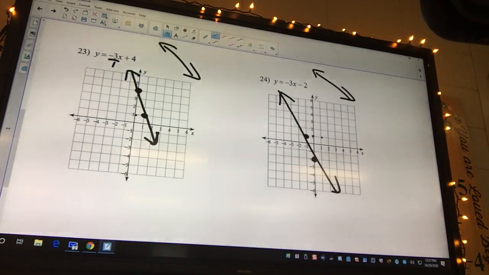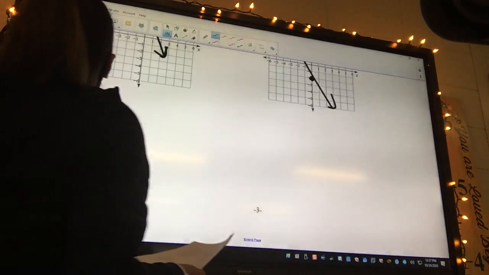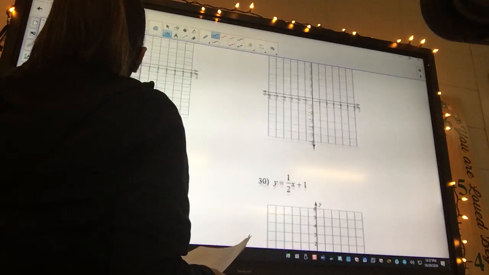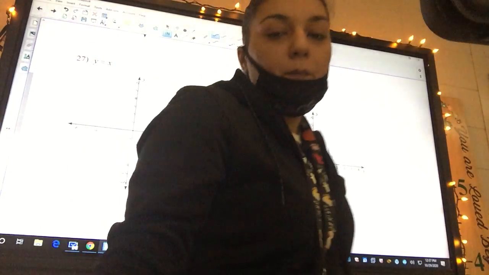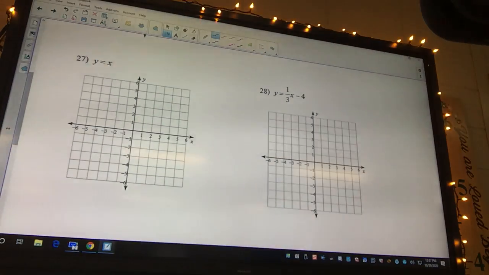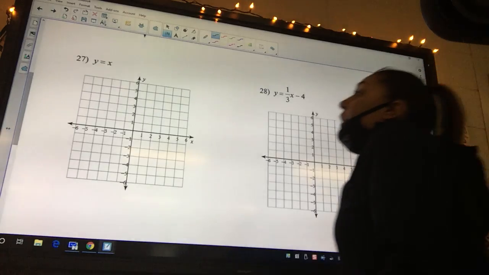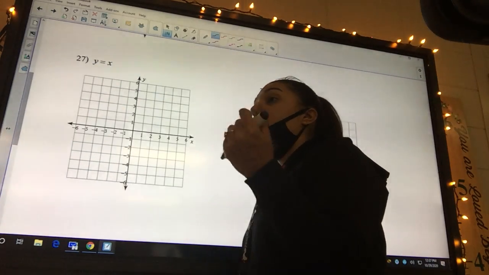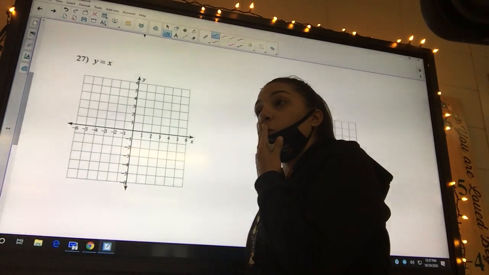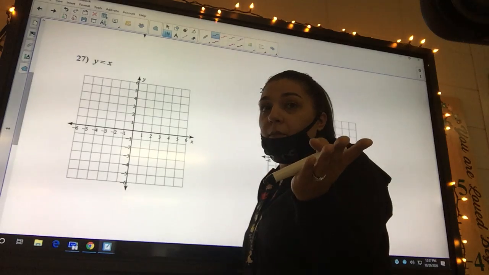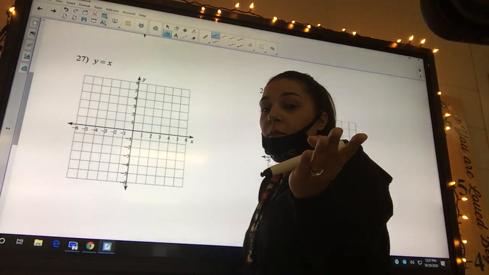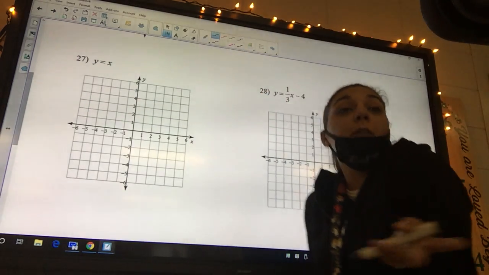What would we do for 27? So 27 is the one we're going to do. Okay, so 27. Okay, what is our slope positive or negative? Positive. Why? Because there's not a negative sign. That's a good enough answer for me.